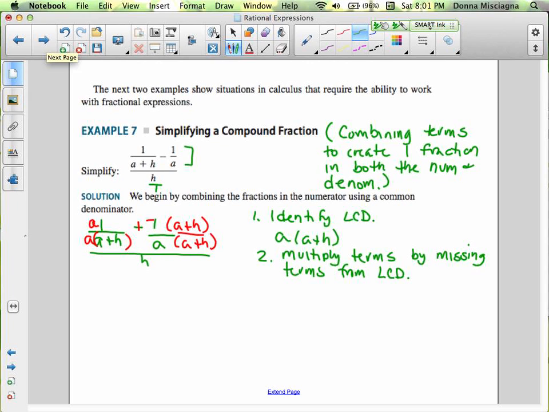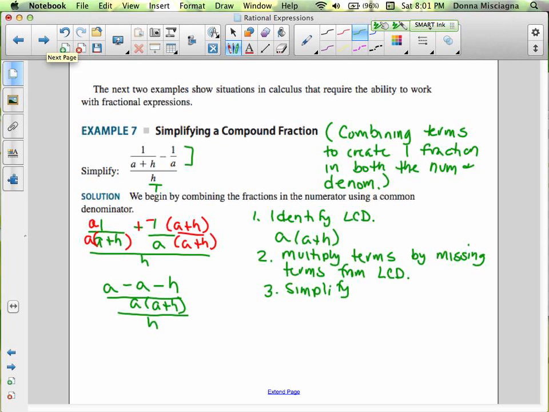All right, so now we'll simplify. So we have a, and that's going to be minus a minus h. I'm going to distribute. Divided by a times a plus h, all divided by h.